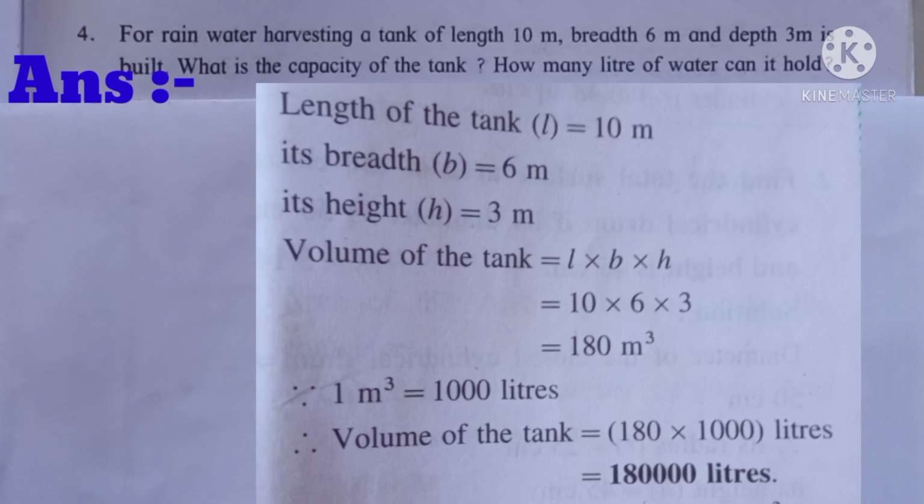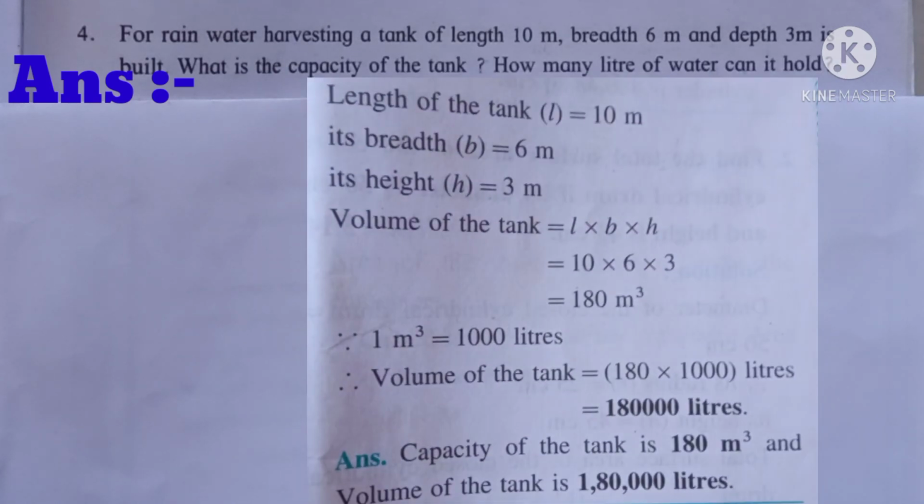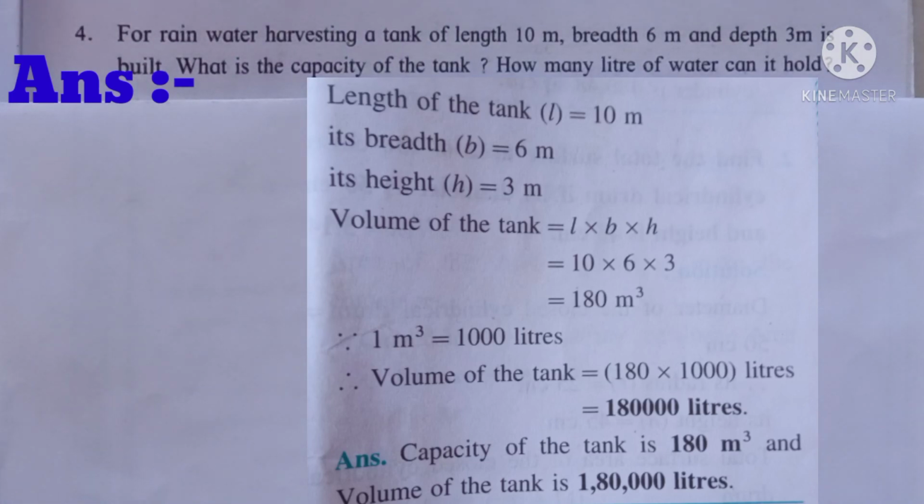So this 1,80,000 liter is nothing but the water capacity which is held by the tank. Let's write the answer in words. Capacity of the tank is 180 m raised to 3 and the volume of the tank is 1,80,000 liter. Got it students? Take out the screenshot and write the answer very systematically in your classwork notebook.